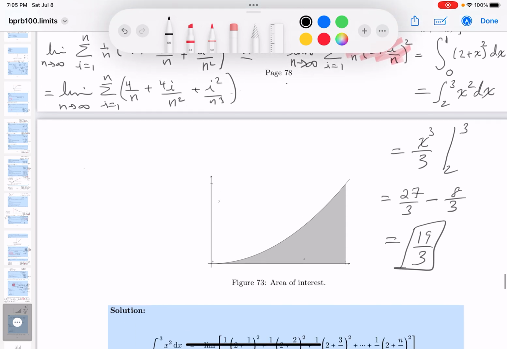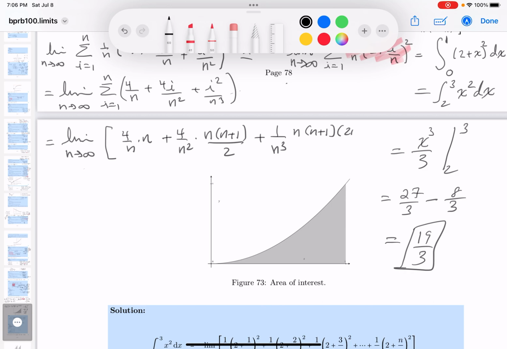Well, I got formulas for each one of those. Limit as n goes to infinity. The first one is going to be 4n times n. The second one is going to be 4 over n squared times n times n plus 1 over 2. The third one is going to be 1 over n cubed, times n, n plus 1, 2n plus 1.